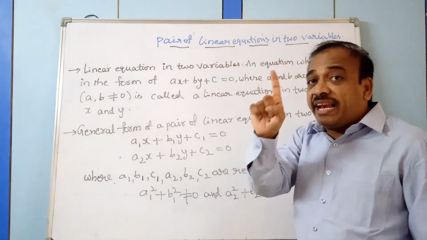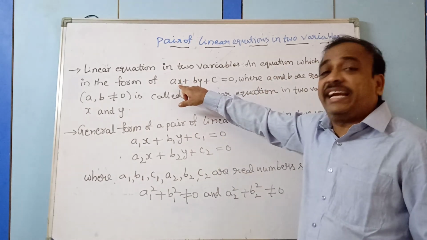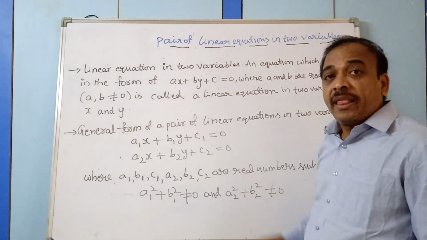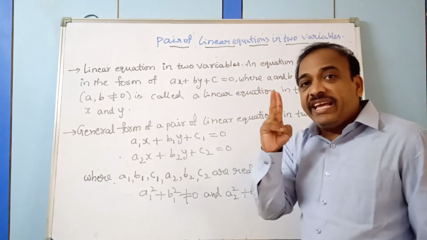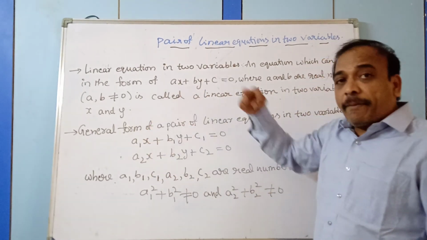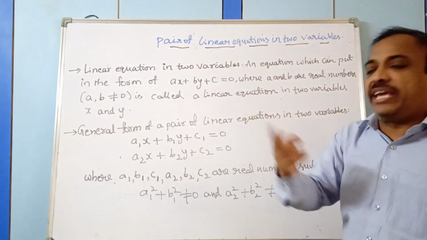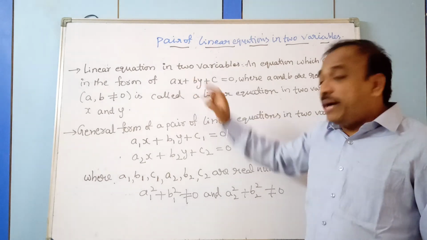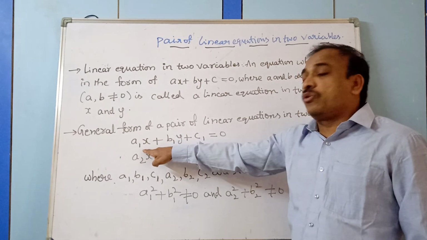This is only one equation, that's why we represented the standard form as ax plus by plus c equal to 0. But here it is a pair of linear equations. Pair means what? Two.